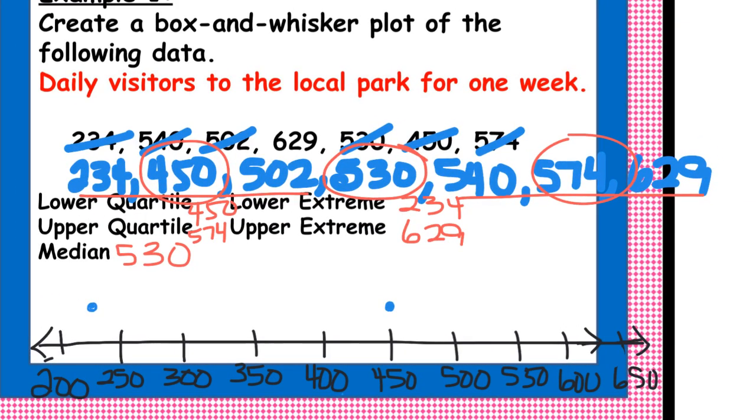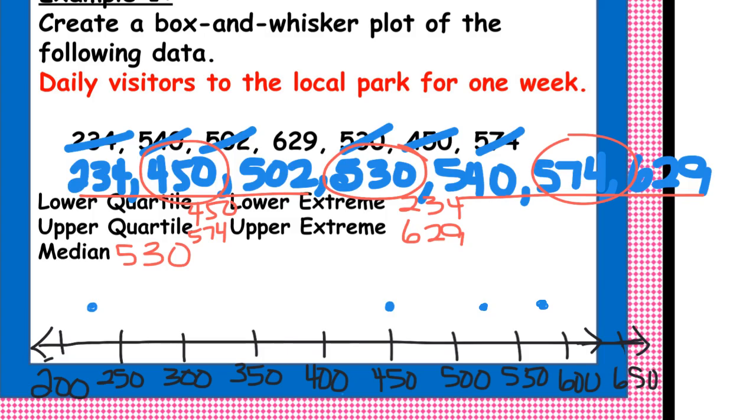Then I need to plot my median, 530. So I think to myself, 10, and I'm going to put it right about there. And then my upper quartile is 574. So almost halfway between those two.